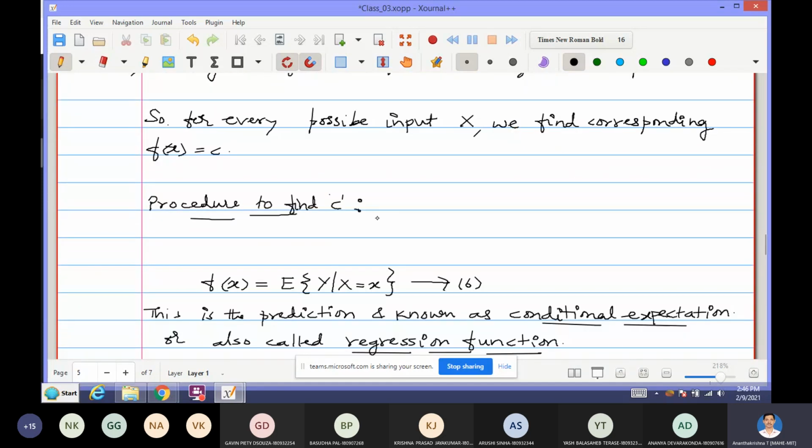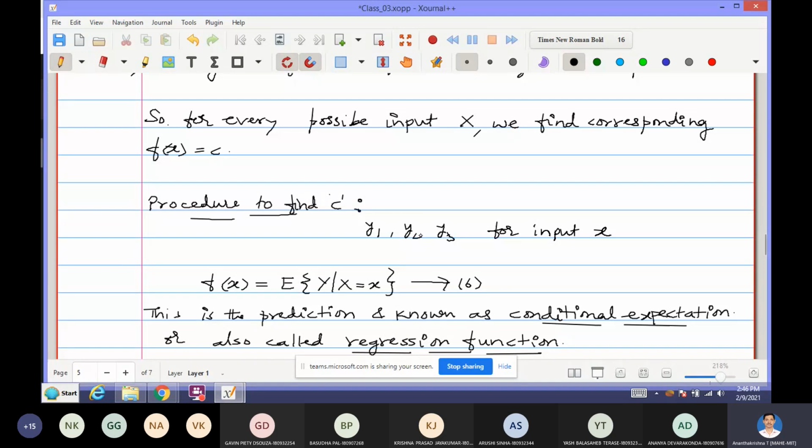Suppose there are three measurements, y1, y2, y3, that you have made for input x.